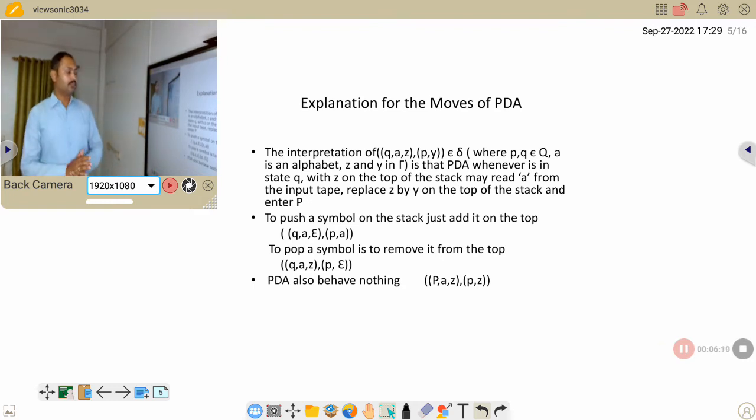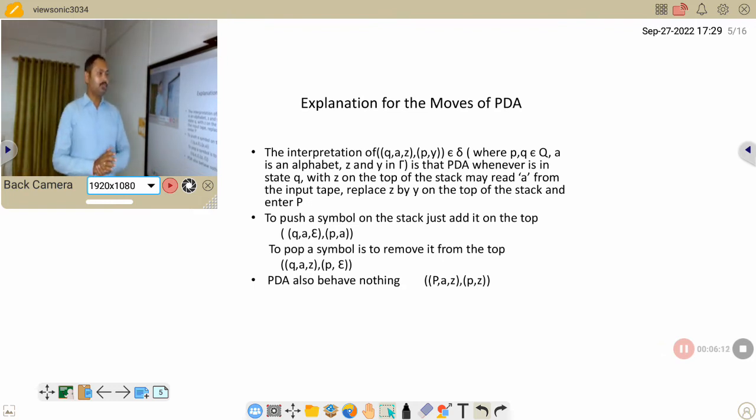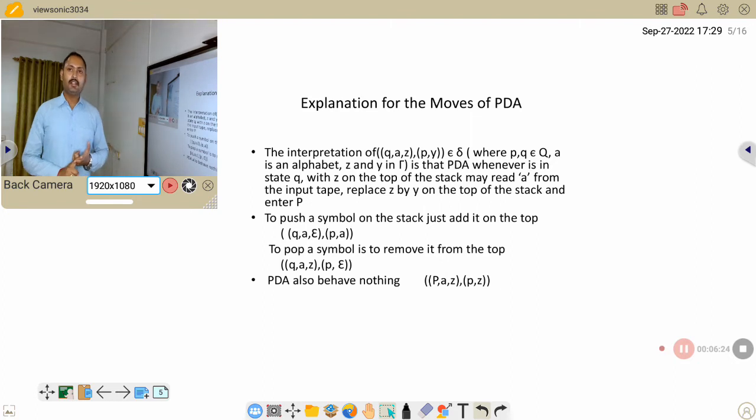Now we will discuss the working principle of pushdown automata, how pushdown automata will work. These are the special movements of pushdown automata. Pushdown automata can accept an input symbol. After accepting, it will store the input symbol into the stack. Three things can happen after accepting an input symbol.